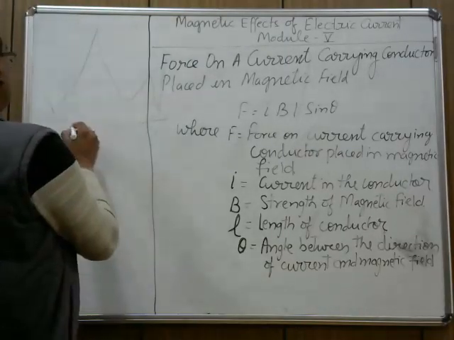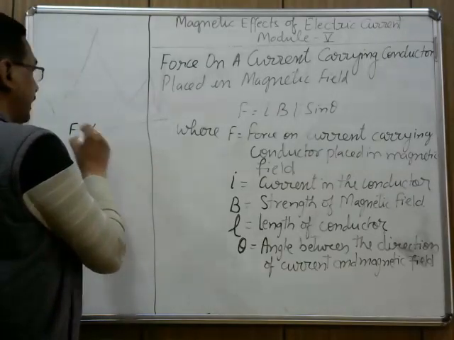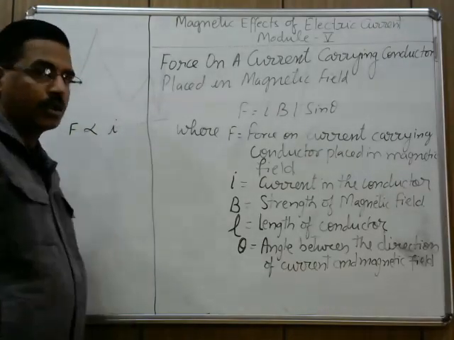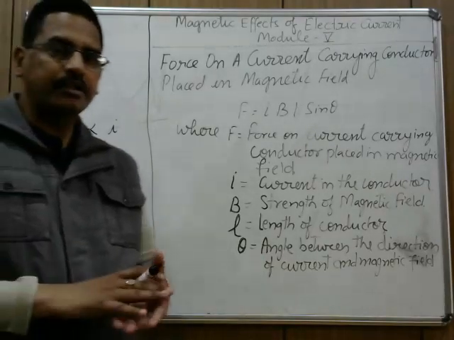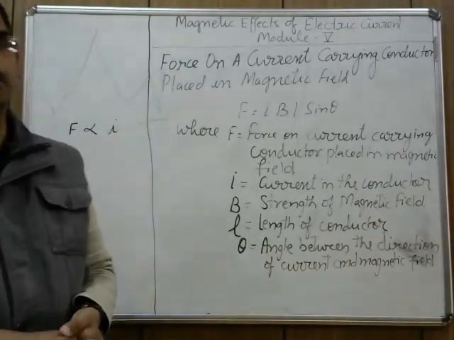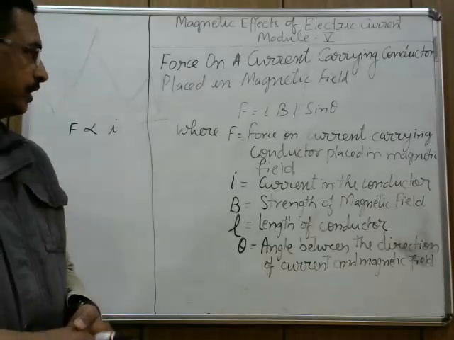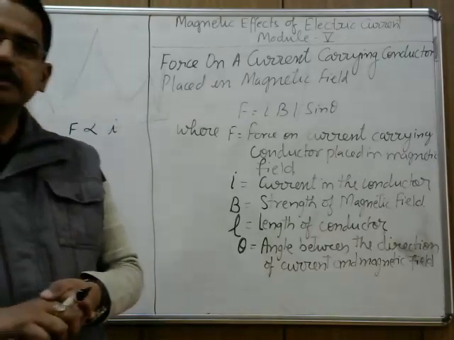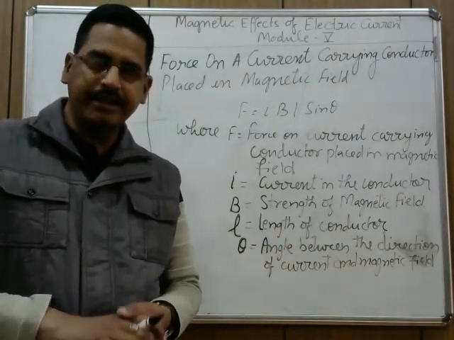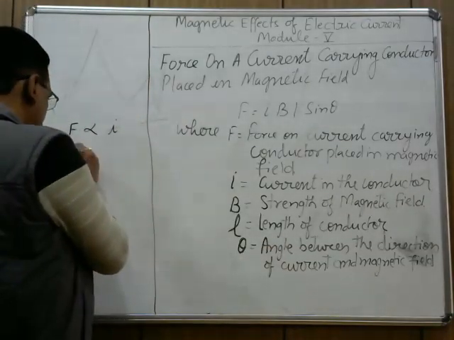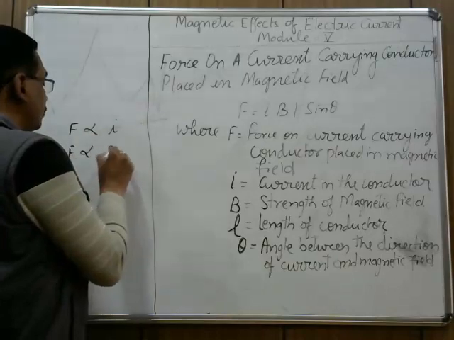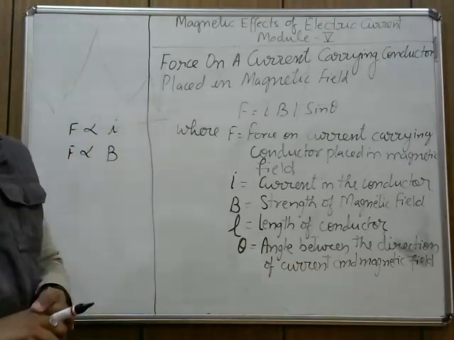So force is directly proportional to I, means force is directly proportional to the amount of current flowing in the conductor. On increasing the amount of current in the conductor, force will increase and vice versa. Force is also directly proportional to the strength of magnetic field.